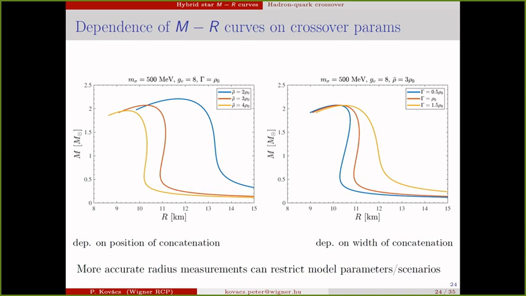Yeah, exactly. What we are doing now is some Bayesian analysis to better restrict these parameters, and we also plan to use tidal deformability.